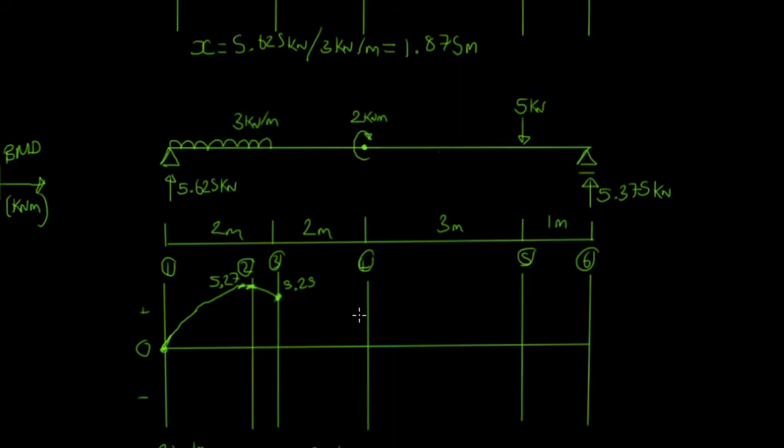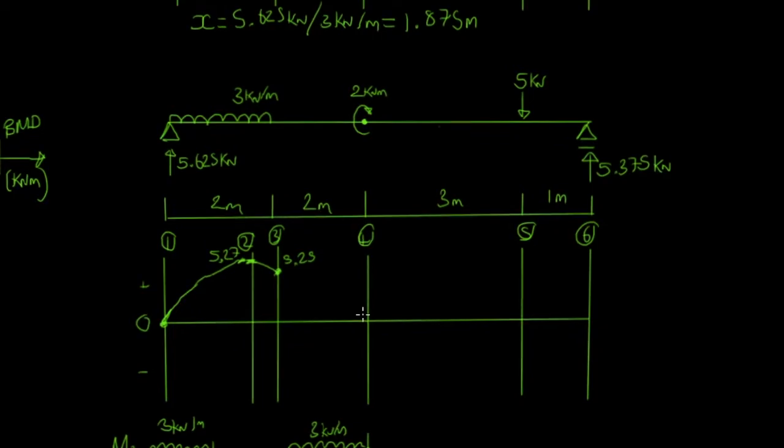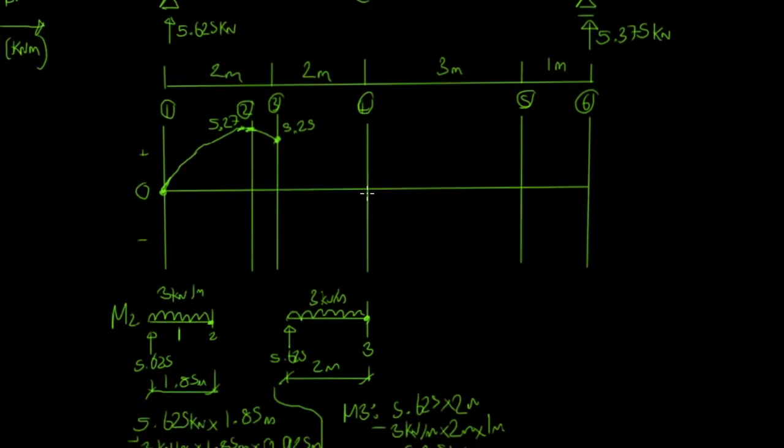So it's just going to jump up. So our first point is going to be us calculating the bending moment just before we hit that 2 kilonewton meter bending moment.